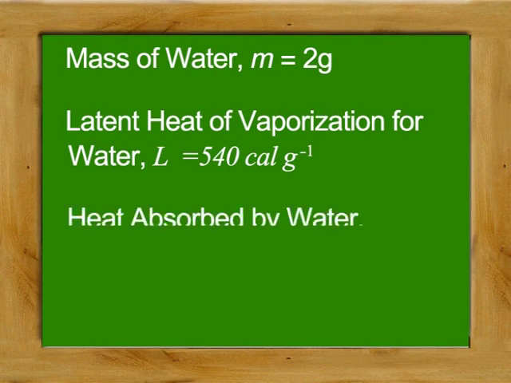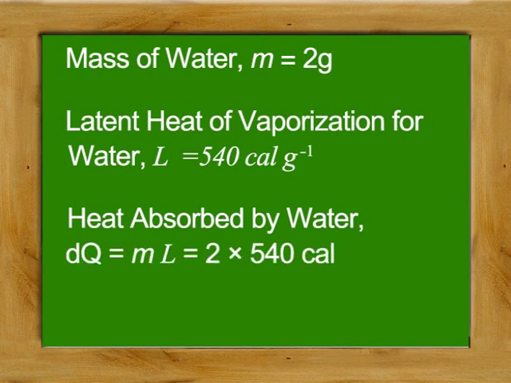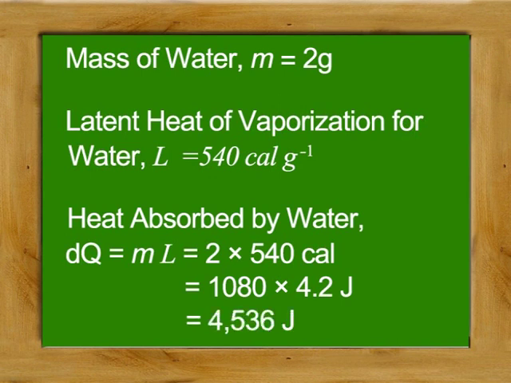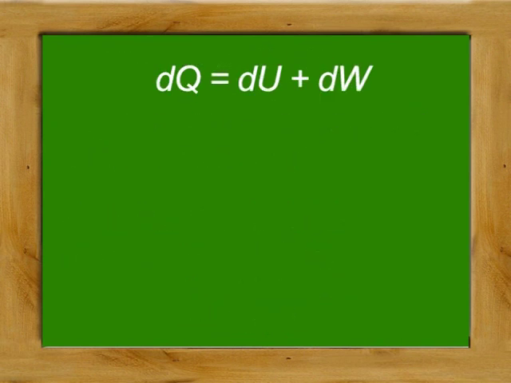Therefore, heat absorbed by water dQ is equal to mL is equal to 2 into 540 calorie, which is equal to 1080 into 4.2 joule equal to 4536 joule. According to the first law of thermodynamics, dQ is equal to dU plus dW, or dU is equal to dQ minus dW.